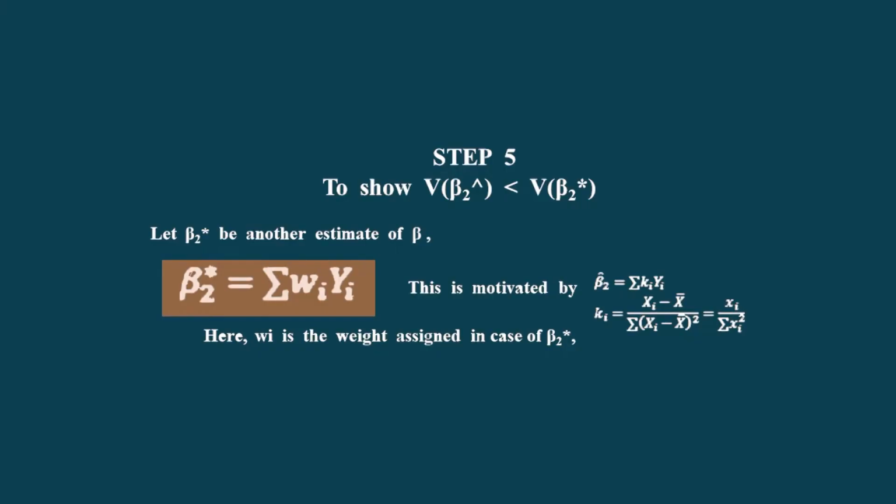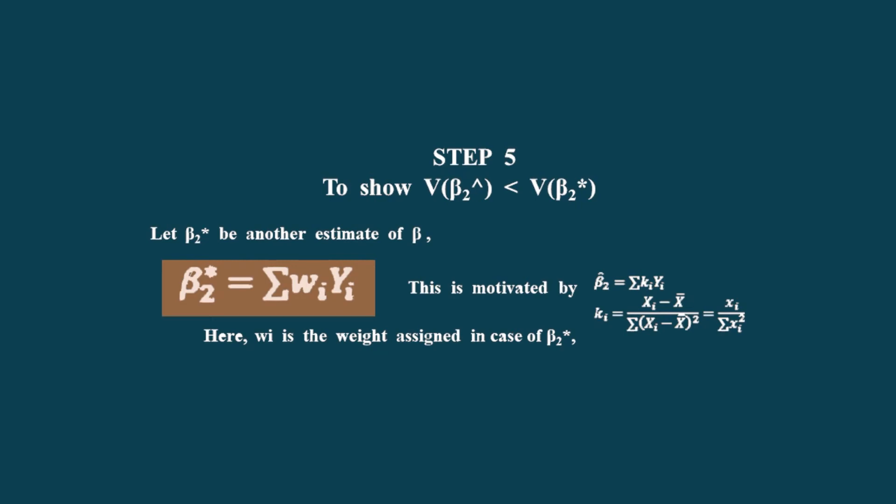Now we have seen that beta 2 star or beta 2 hat, whatever we say as the predicted value, has the property of linearity. So they are linear in the parameters, or linear in the variables, or they have to be absolutely linear in the parameters. What we mean is summation of wi yi.